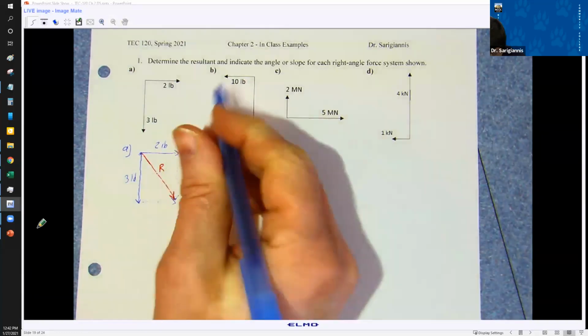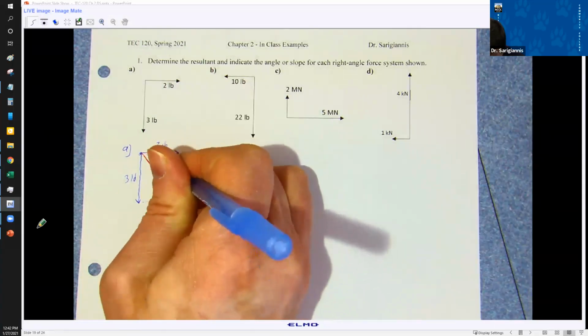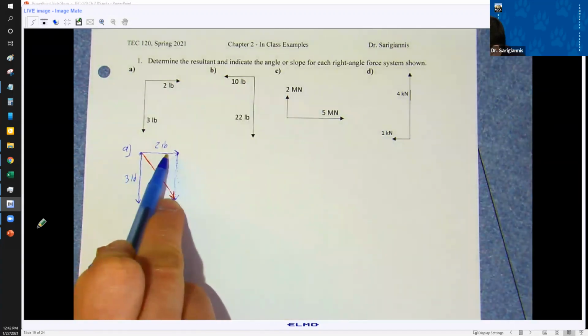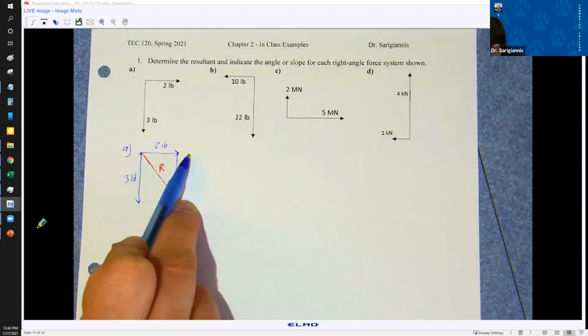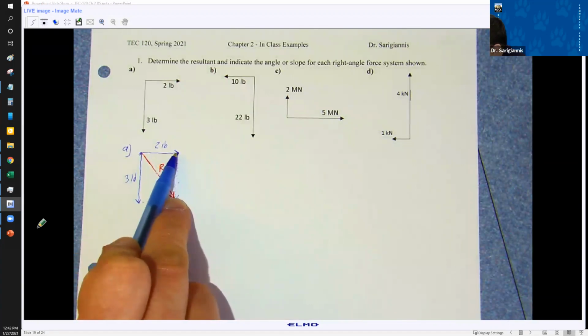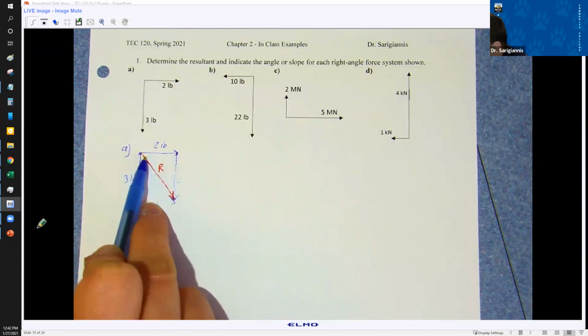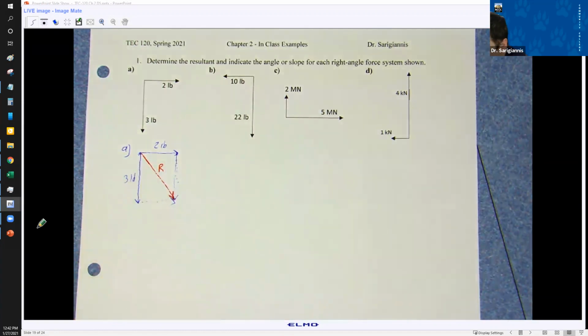You can also think of it as the point over here, the 3 pounds is pulling on it downward, and the 2 pounds is pushing on it to the right, because pulling to the right with 2 pounds and pushing to the right with 2 pounds is along the same line of action, right? And that lets you make this triangle like this, 2 pounds and 3 pounds.